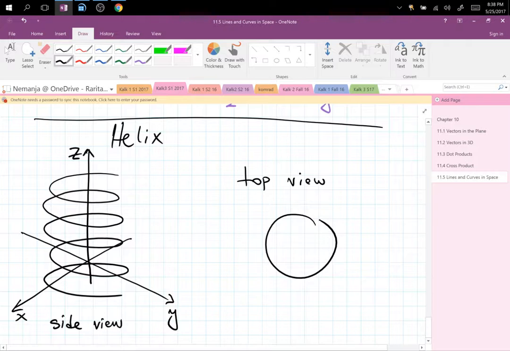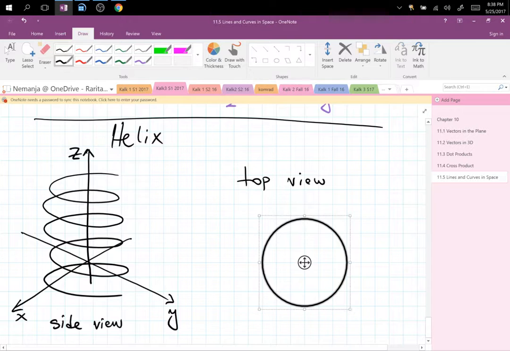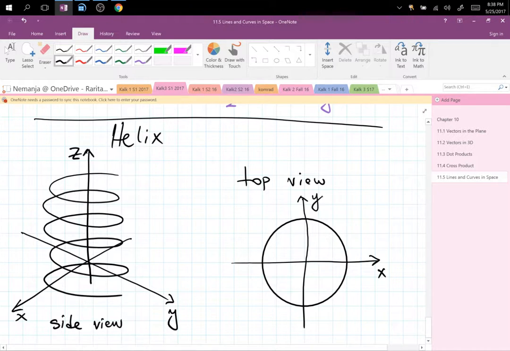When you look from the top, you only see the circle, towards the XY plane. Z is poking into your face from the page as you're looking at it, right? This is the top view.